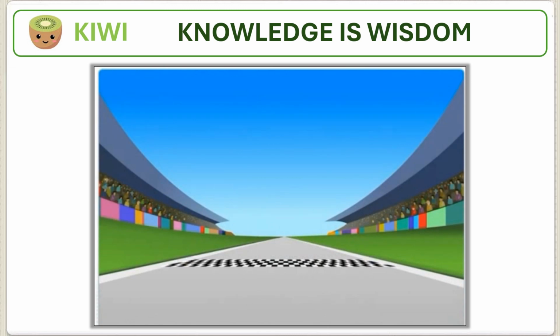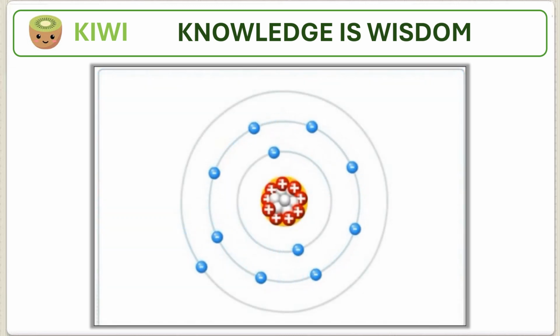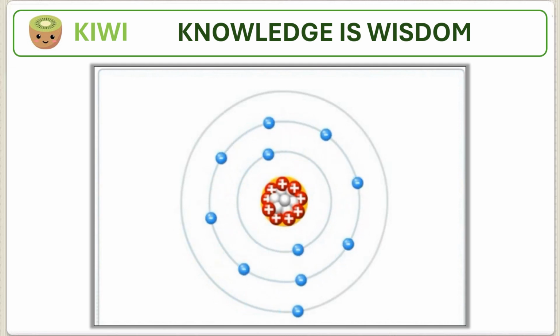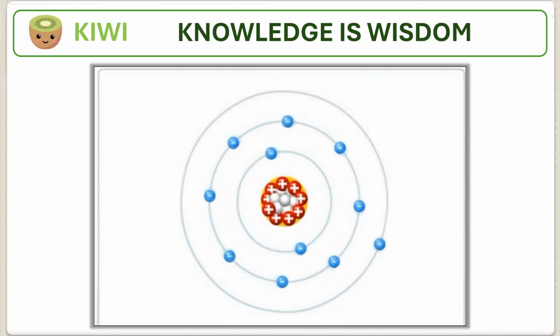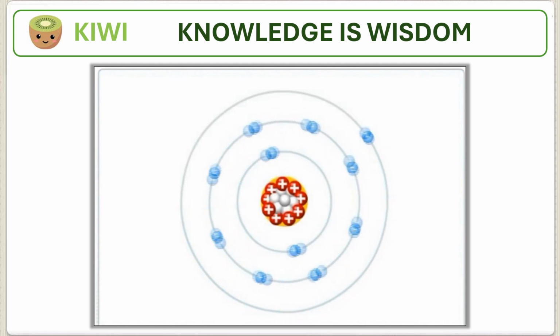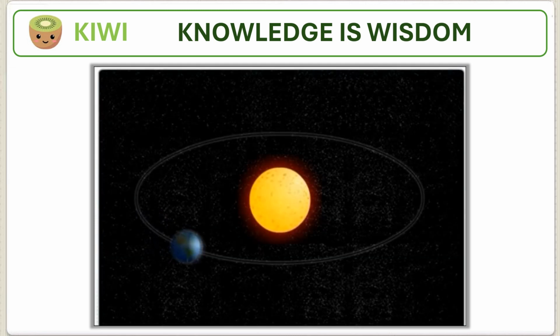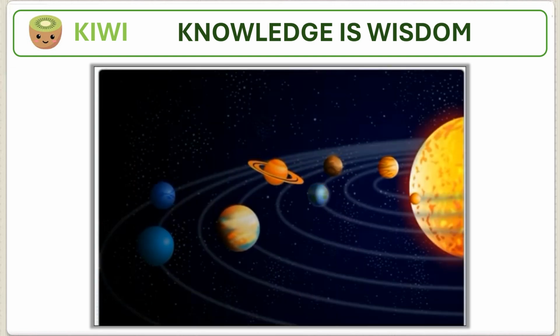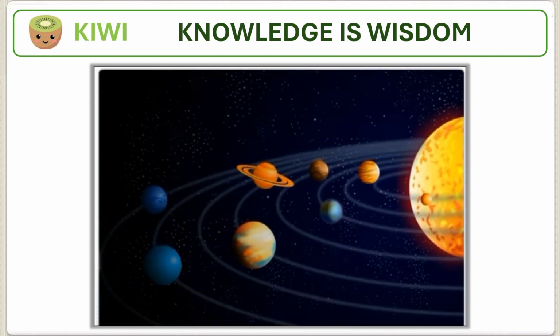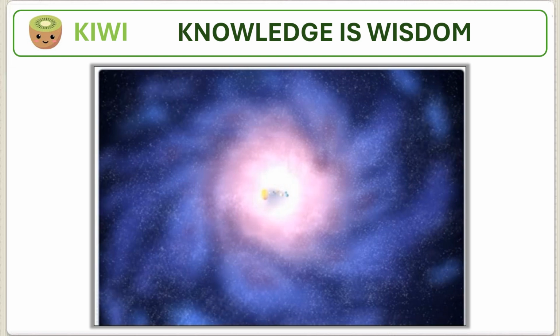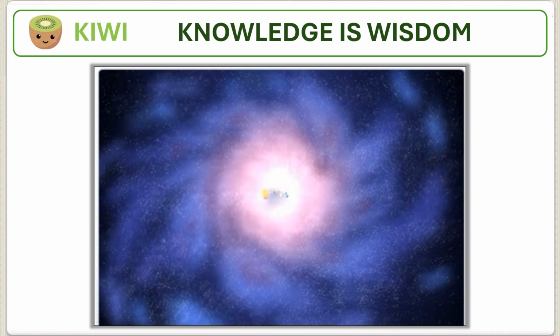This is because the cars are in a state of motion. Tiny particles such as atoms and molecules and heavenly bodies such as planets, stars, and galaxies are all in motion. For example, Earth rotates around its own axis and revolves around the Sun in an orbit. Similarly, other planets, solar systems, and galaxies in the universe are all constantly in motion.